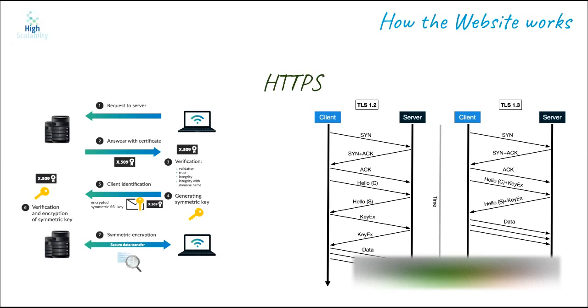The server does the verification from its end, and makes sure that there is a valid client request and the certificate is validated, and a connection is established. And we see a secure tunnel between the server and the client.